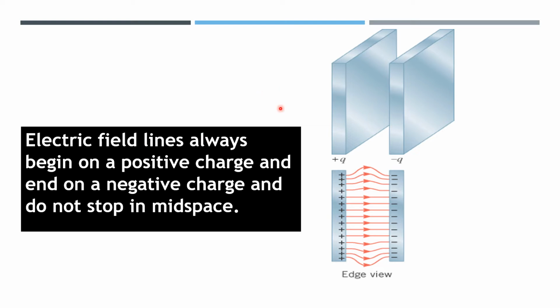Another important concept regarding electric fields, supposing we are talking about two parallel metal plates that are charged. One is positively charged and the other is negatively charged. So we say that the electric field between these two parallel charged plates is such that when we visualize the electric field lines, they always begin from the positive plate and go to the negative plate.